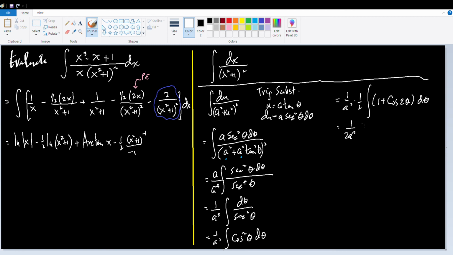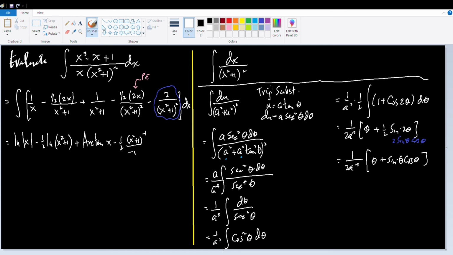The integral of d theta is theta, and cosine 2 theta d theta is 1/2 sine of 2 theta. Or 1 over 2a cubed times theta plus sine 2 theta, which is 2 sine theta cosine theta. So 1/2 times 2 sine theta cosine theta is sine theta cosine theta.